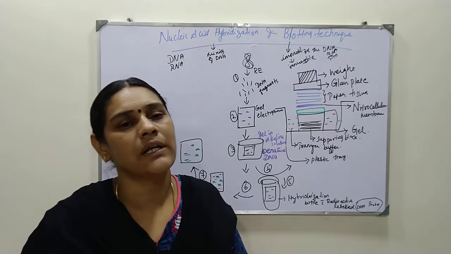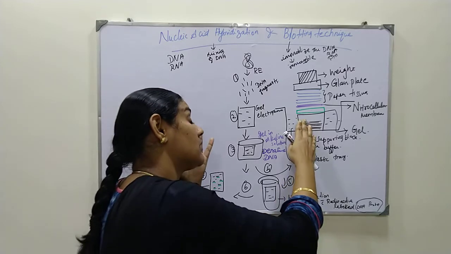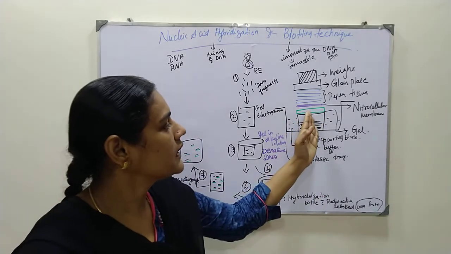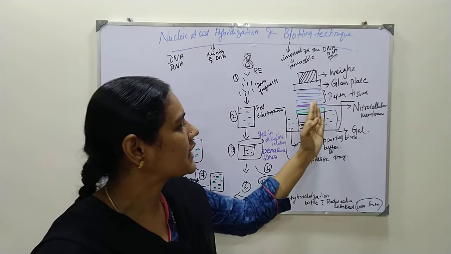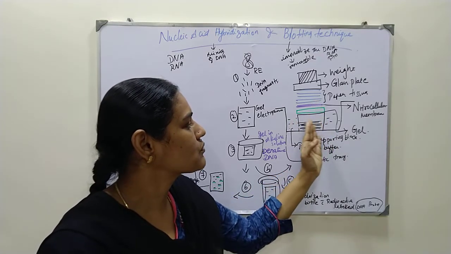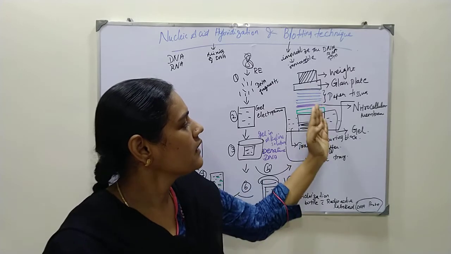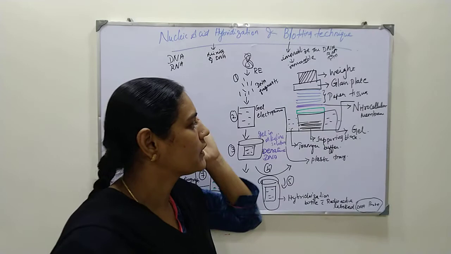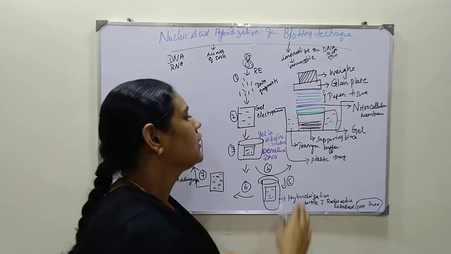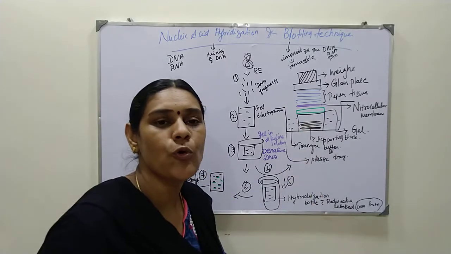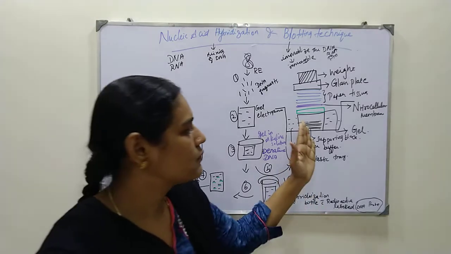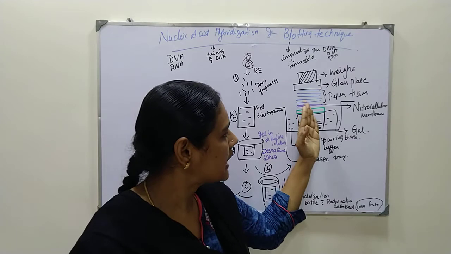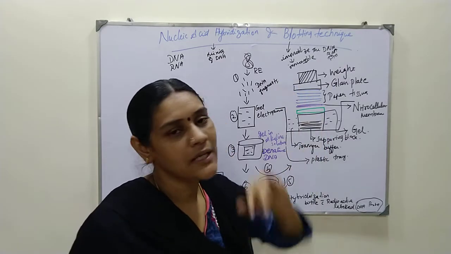Through those pores, the buffer moves towards the nitrocellulose membrane, and the DNA present in the gel is carried by the buffer towards the nitrocellulose membrane filter paper. Through capillary action it moves unidirectionally. The buffer is a water-like solution, so it moves with the capillary force.